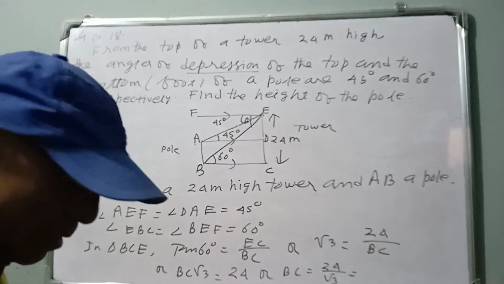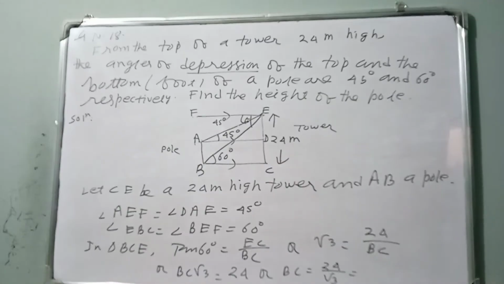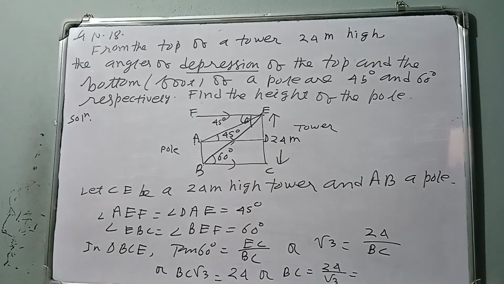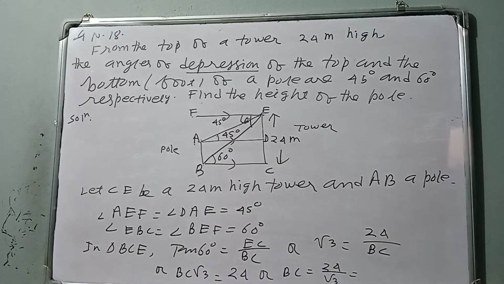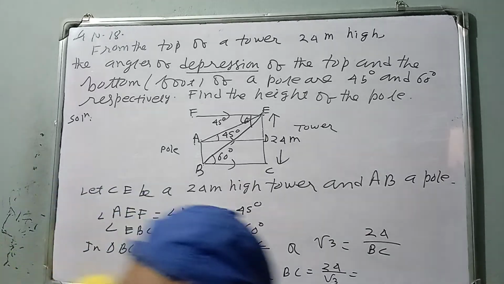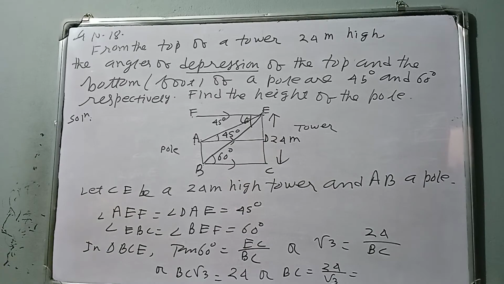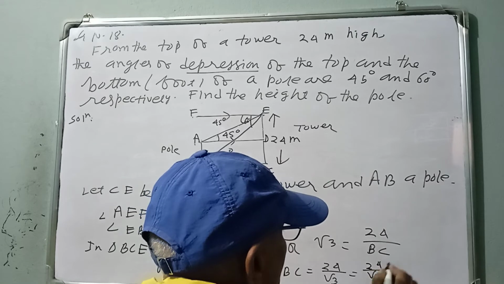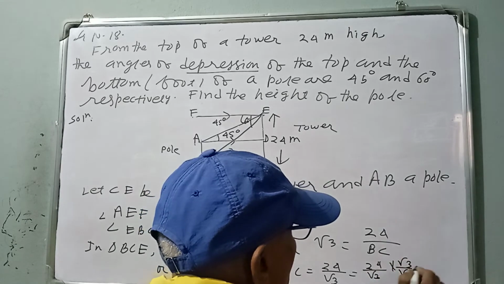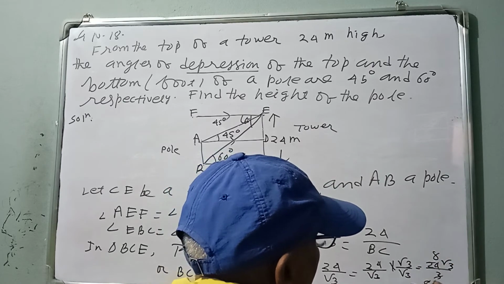Either you can use a calculator, or if you have no calculator, 24 by root 3 into root 3 by root 3, 24 root 3 by 3, 8 root 3.